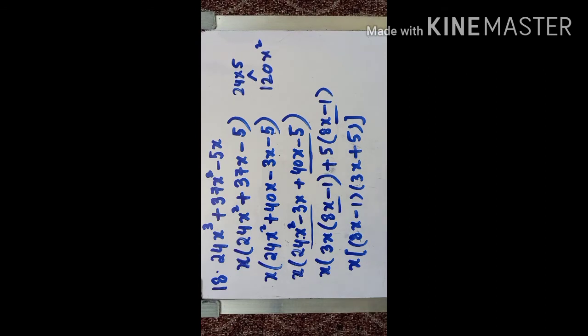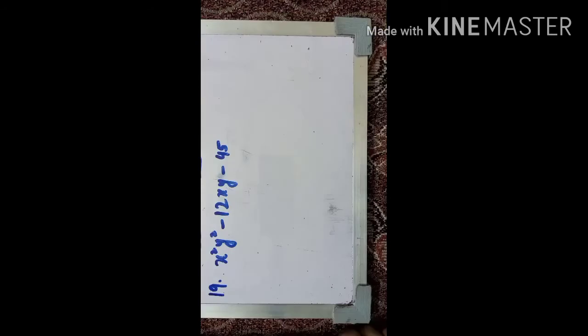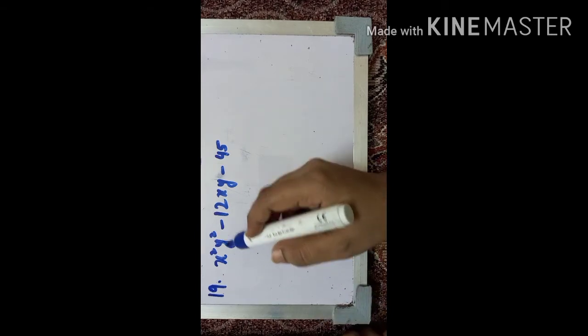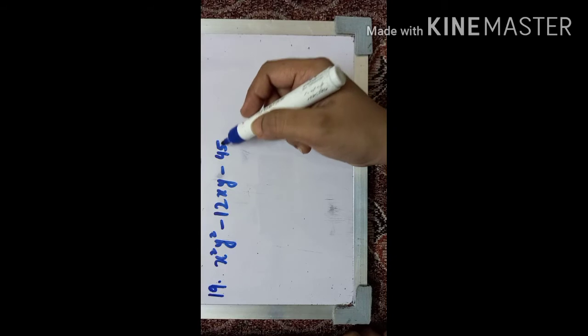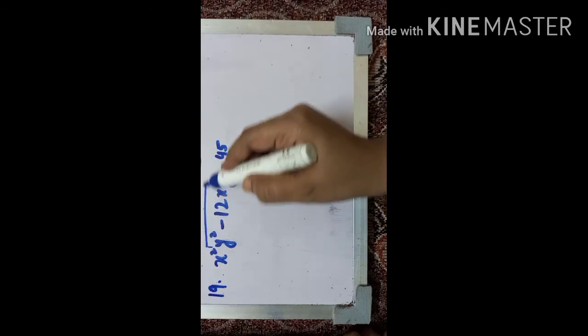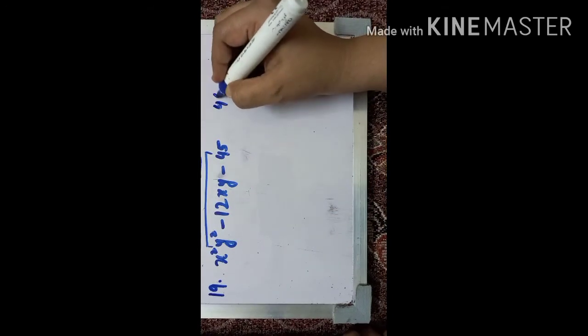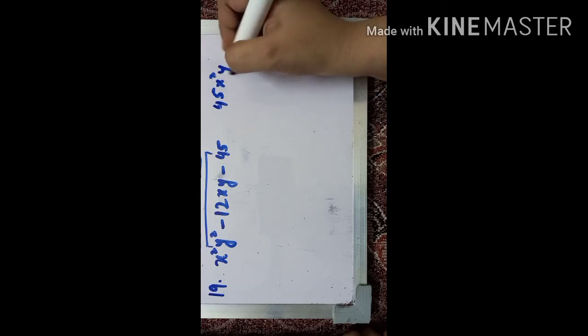Now the next problem is x square y square minus 12xy minus 45. So here first term with the last term you'll get 45x square y square.